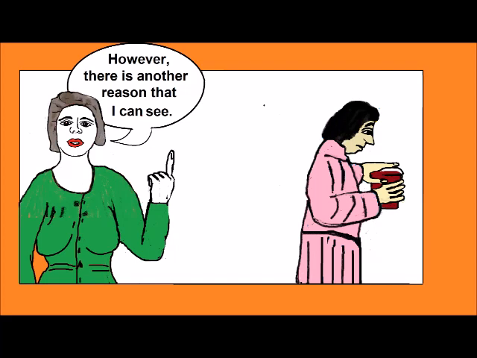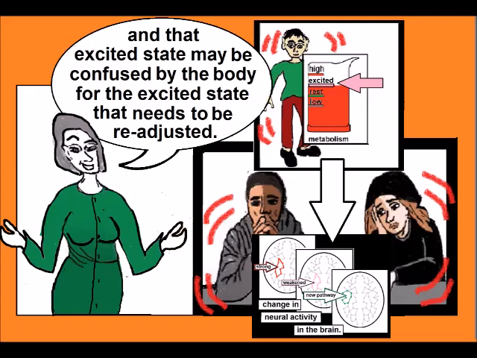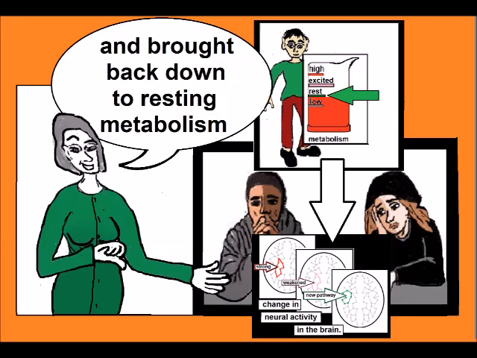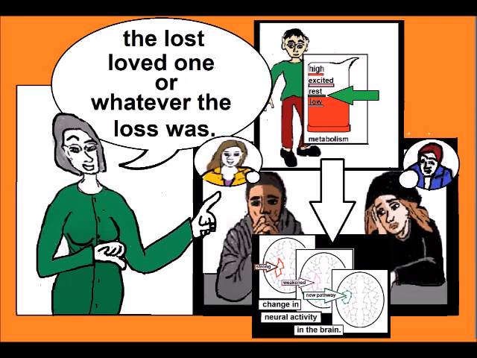However, there is another reason that I can see, and that is that with a threat there is an excited state, and that excited state may be confused by the body for the excited state that needs to be readjusted and brought back down to resting metabolism, with the thought of the lost loved one or whatever the loss was.